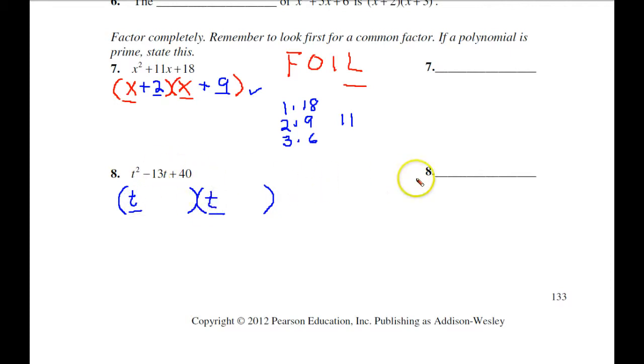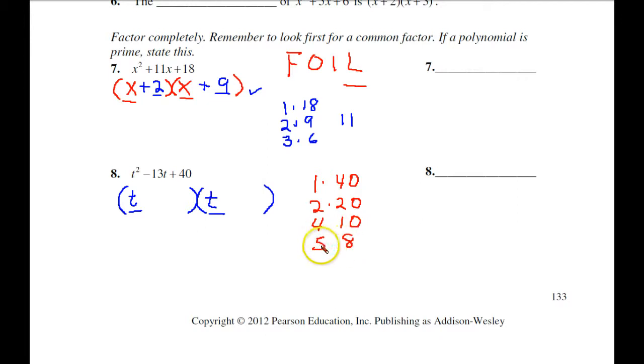Now, what can I put as factors of 40? Well, again, I could do this mentally. 1 times 40. 2 times 20. 4 times 10. 5 times 8.